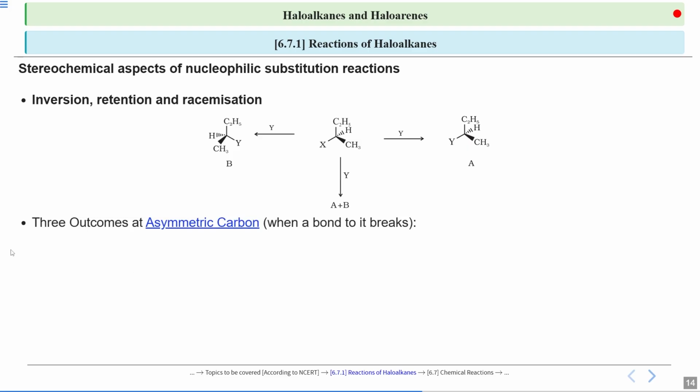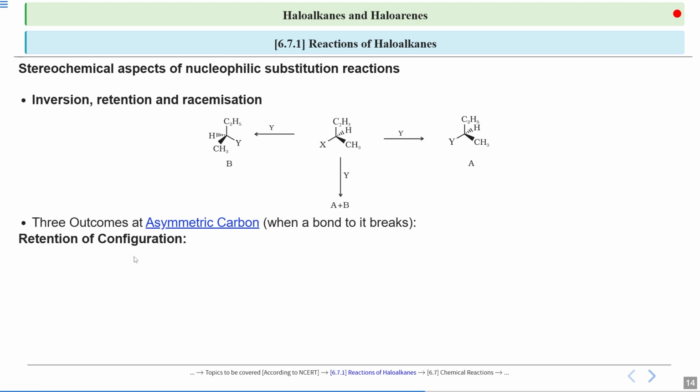What we want to understand is that three outcomes at an asymmetric carbon are possible when a bond to it breaks. When the bond forming at the asymmetric carbon breaks, three outcomes can be possible.